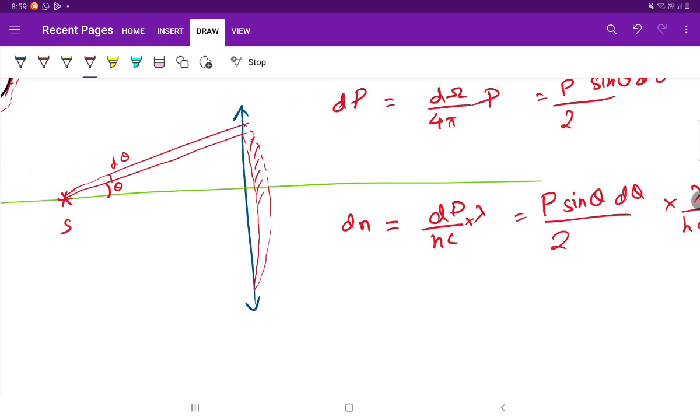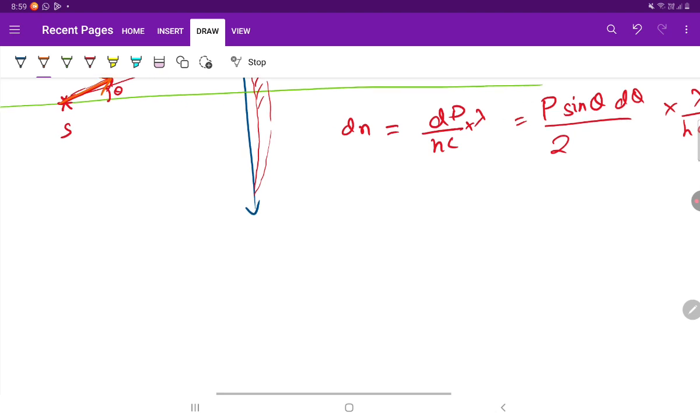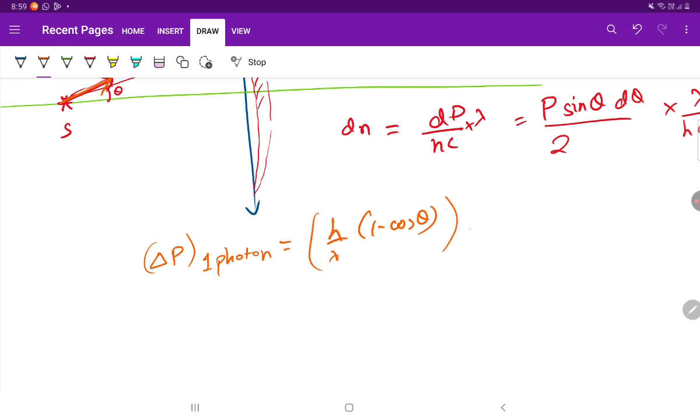Now tell me one thing. Suppose you have one photon emitted from point S at angle theta with respect to the horizontal. After crossing the lens system, it becomes horizontal, right? So can you tell me the change in momentum? Delta P for one photon would be h by lambda times (1 minus cos theta) along the x direction.